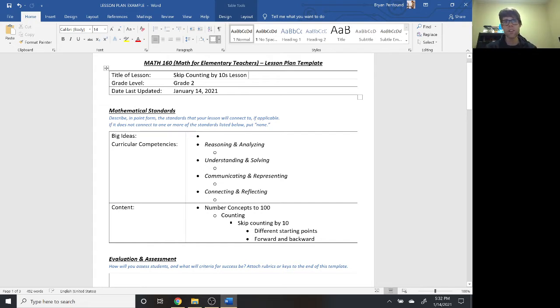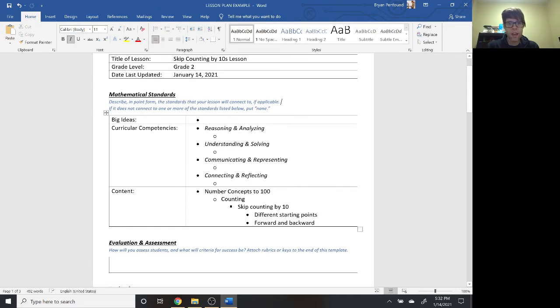If this was a series of 3 or 4 or 5 lessons, I might say lesson 1, this, lesson 2, this, lesson 3, this, just so I have a better idea of how these lessons come in sequential order. So just keep that in mind. You can use this to plot out that sequence if you want.